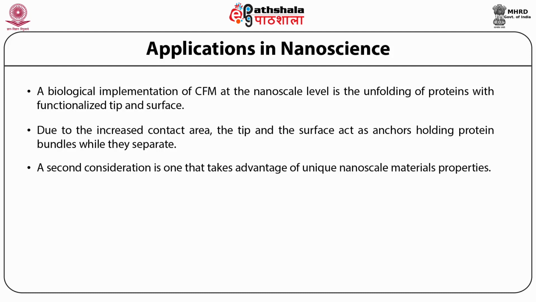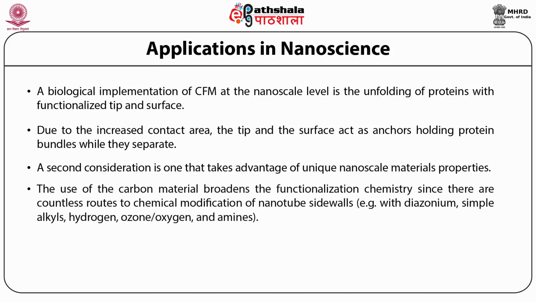The high aspect ratio of carbon nanotube, easily greater than 1000 angstrom, is exploited to image surfaces with deep features. The use of carbon material broadens functionalization chemistry, since there are countless routes to chemical modification of nanotubes. This happens while the nanotubes are being used with different sizes.